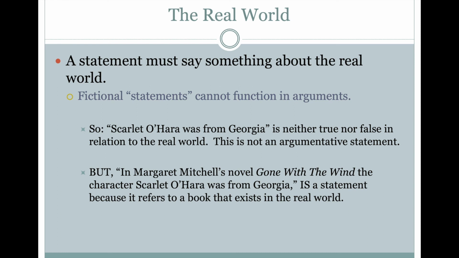The character Scarlett O'Hara was in the book, so that can be a statement, especially if you were arguing, for instance, in a literature class, you might make a statement like this. This could function as evidence. So that's just maybe a subtle distinction, but an important one, that statements that function in arguments must say something about the real world. That is, the true or false claim must make reference to things in the real world.